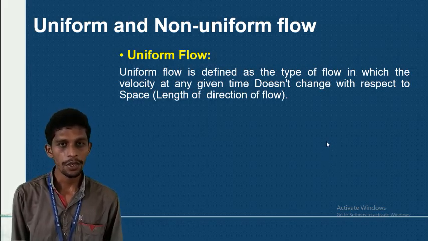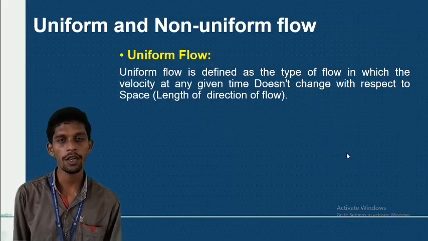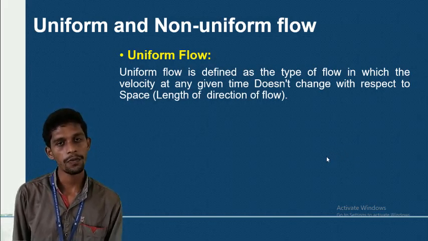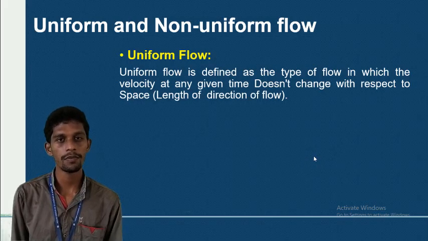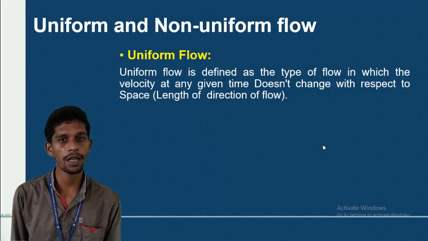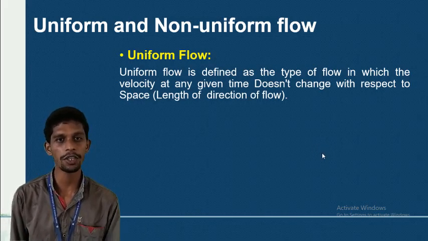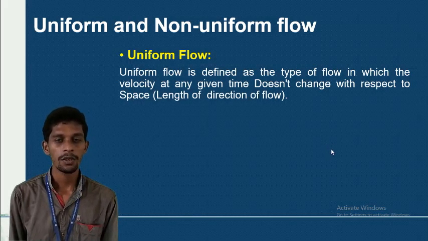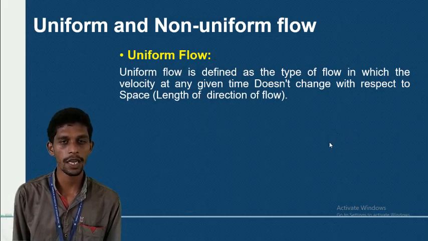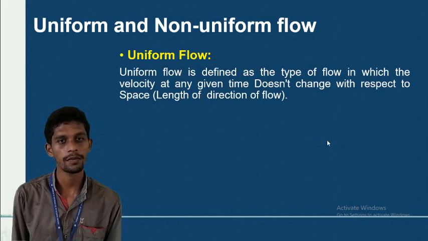That means if the cross section of the pipe has changed from one end to the other, the velocity of the fluid flowing inside the pipe will not change. That type of flow is called uniform flow. So the velocity is equal throughout the pipe section. The point is the velocity of the flow will not change in a given space.